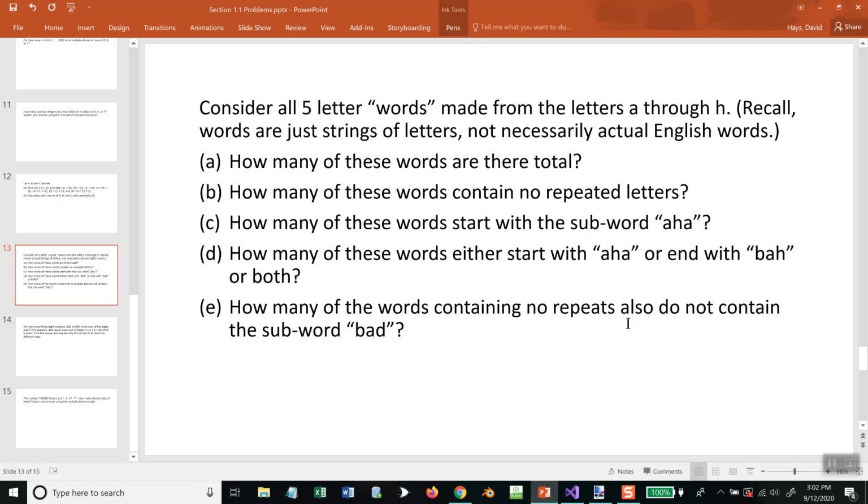How many of the words contain no repeats? No repeats. Okay. Also do not contain the subword bad. Okay, let me think about this. So I have to figure out how many contain the subword bad.